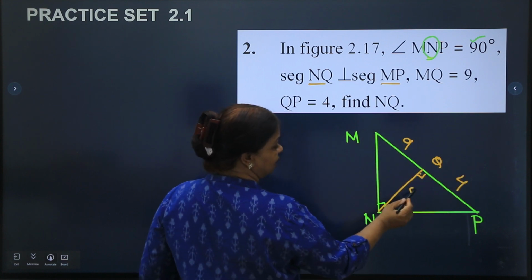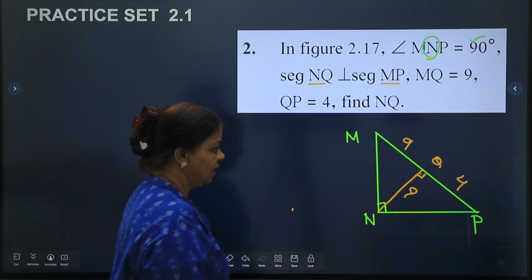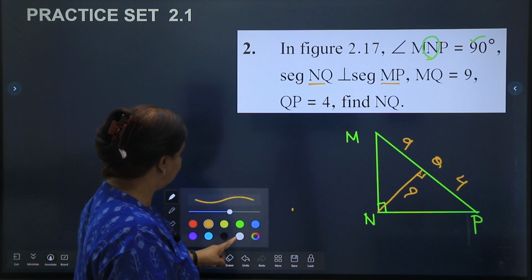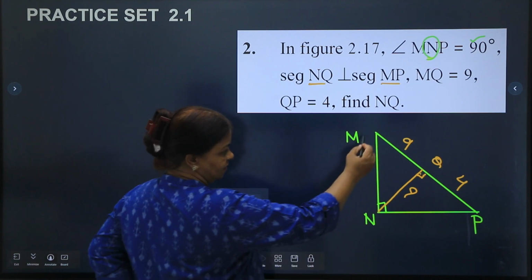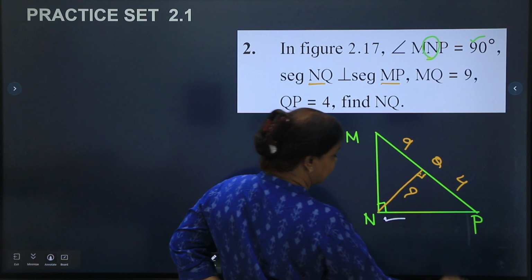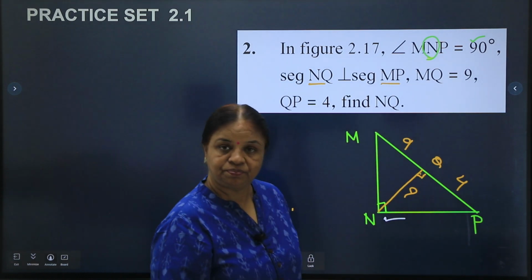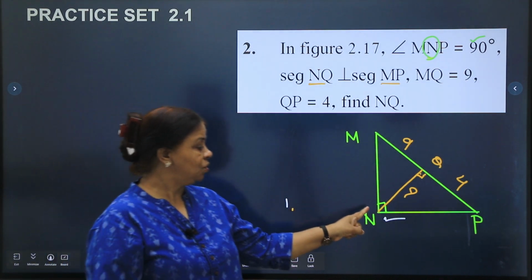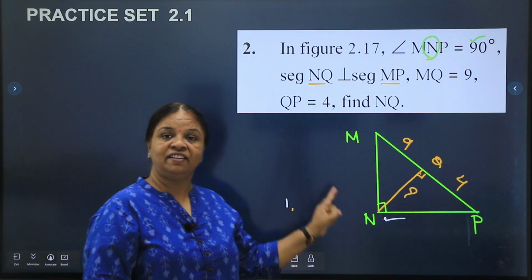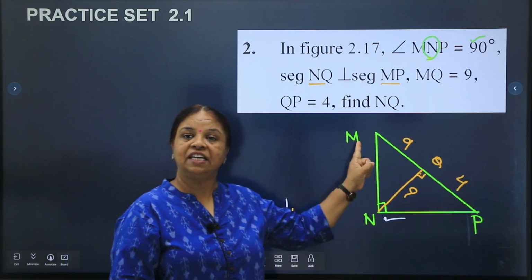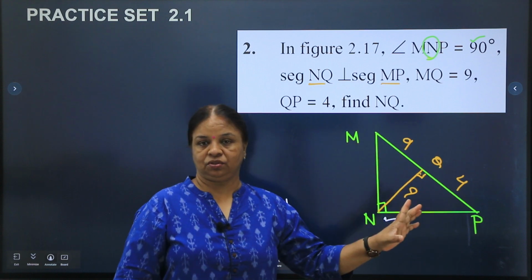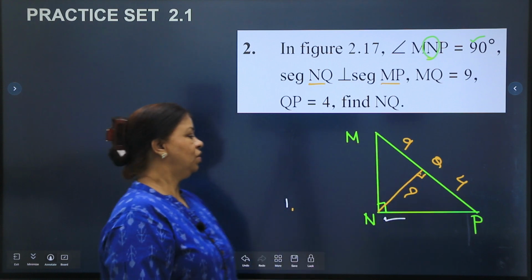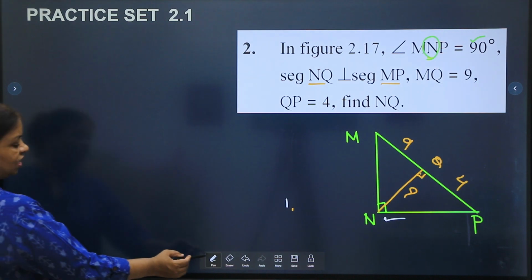You need to find out NQ. Now children, we have already done some examples. Triangle MNP is a right angle triangle, given in the question, and from the vertex of 90 degrees a perpendicular is drawn on the hypotenuse.